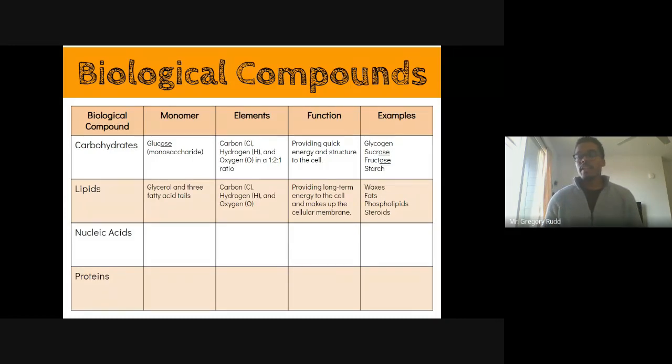So I think this is a great thing to have copied down in your notes. It kind of summarizes what we're talking about. And by the end of today, you'll be able to go in and add these last 2 rows to complete the table. So I'm leaving it up for, let's say, 15 more seconds for folks to write or take a picture or a screenshot, whatever you plan on doing.